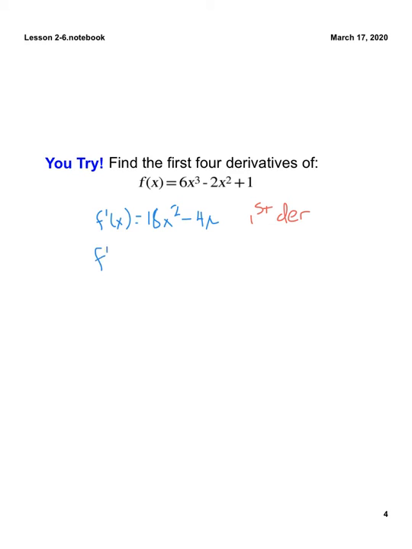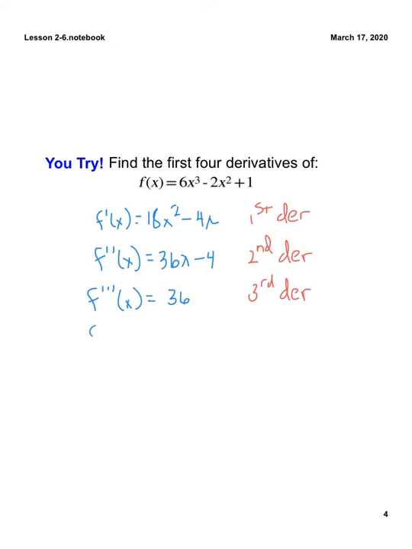Then f double prime of x is equal to 36x minus 4. That gives us our second derivative. Then f triple prime of x is equal to 36. That is our third derivative.